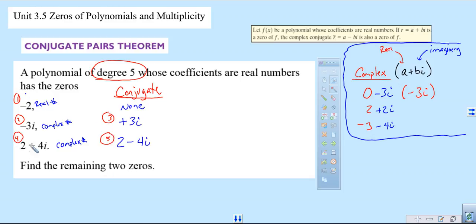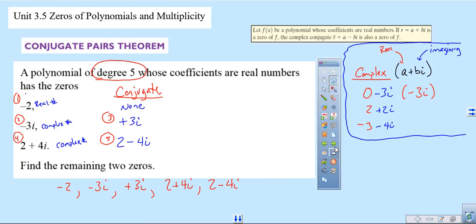Essentially, I gave you 3 zeros, and from those 3 zeros, you were able to use the conjugate pairs theorem to find the conjugates of the complex ones, and find your remaining zeros. So negative 2, negative 3i, positive 3i, 2 plus 4i, and 2 minus 4i give us the 5 zeros we needed to make up this 5th degree function.